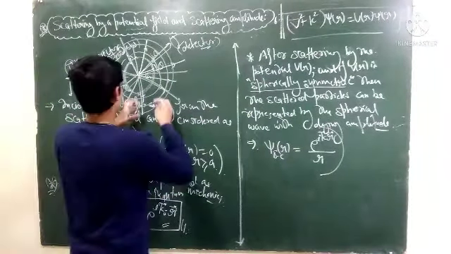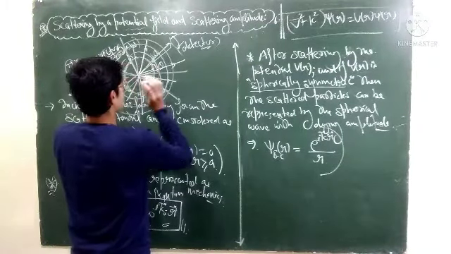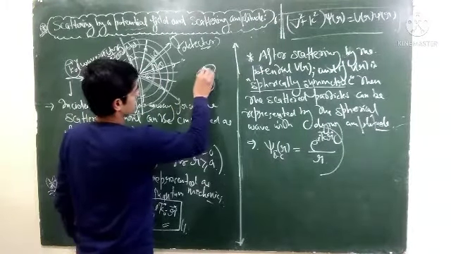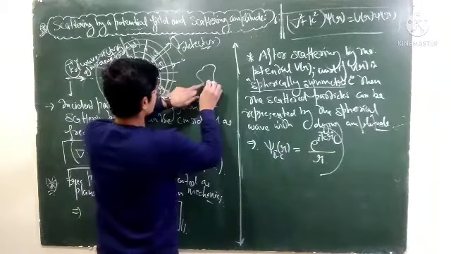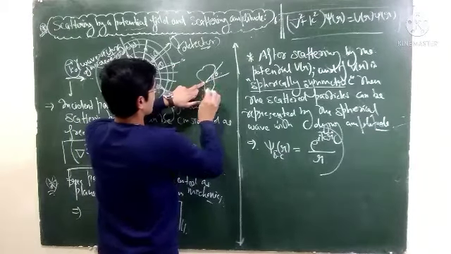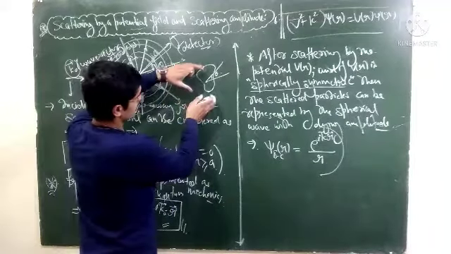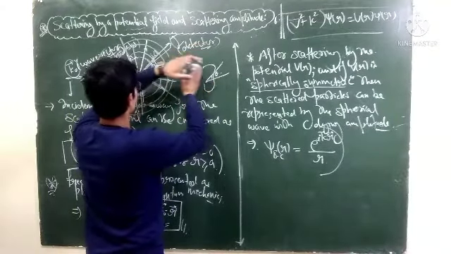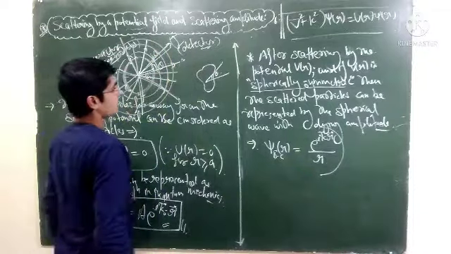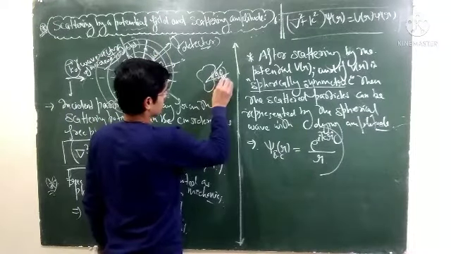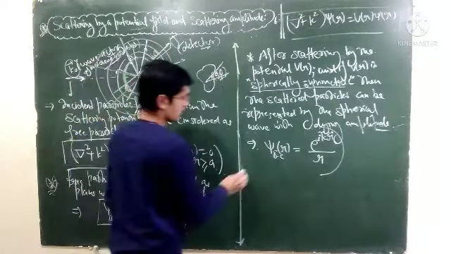But this is only when the scatterer is spherically symmetric. In general, it is not guaranteed that it will always be a spherically symmetric potential. The potential may be like this, and therefore the scattering in different angles or different directions will be different. So the amplitude of the scattered outgoing wave will also depend on the direction in which they are scattering, right?